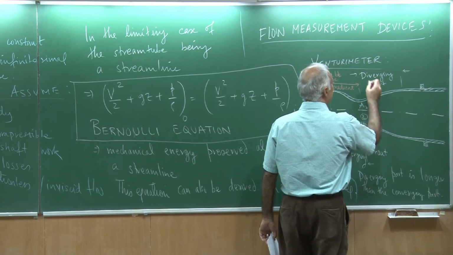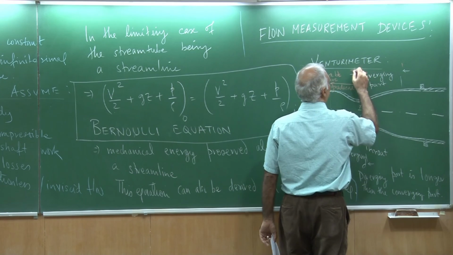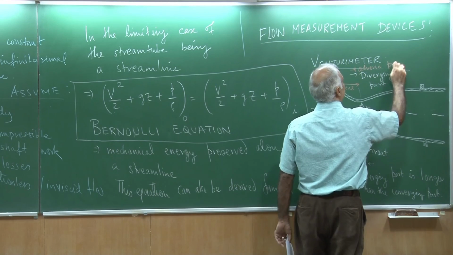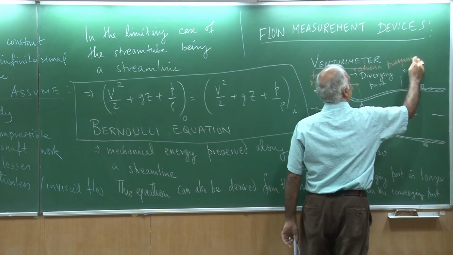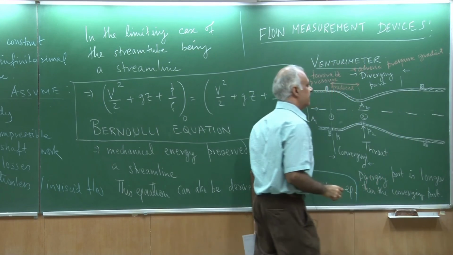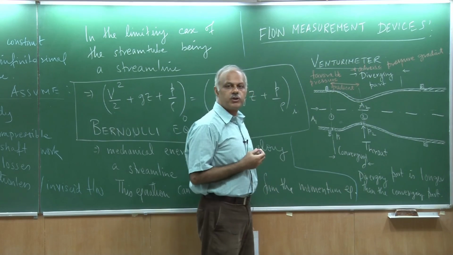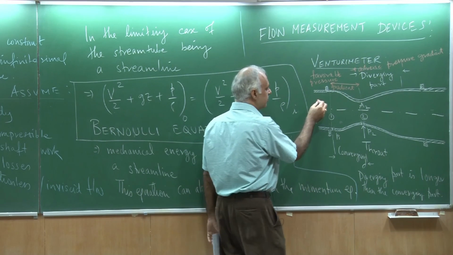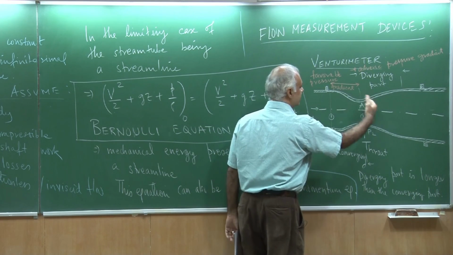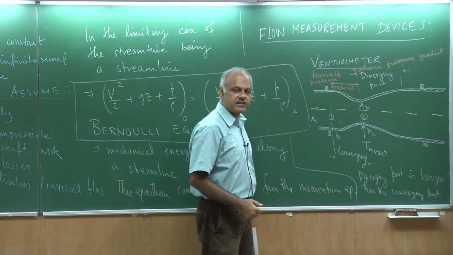On the other hand, in the diverging part, I have an adverse pressure gradient. In the sense that if I am a fluid particle, I seem to be working in a favorable pressure gradient. So, the pressure is actually welcoming the reduction in pressure.